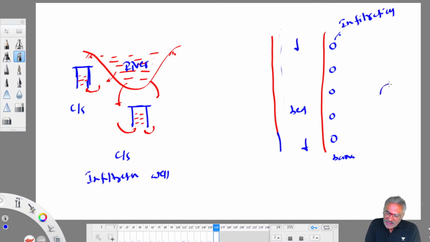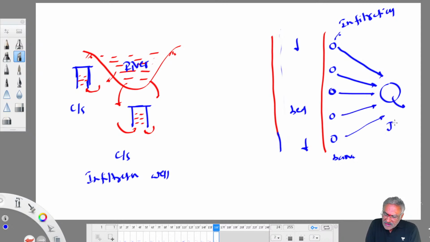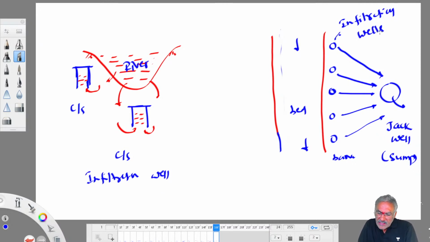A series of such wells are constructed, and all these wells will pump water into a common sump known as a jack well. The jack well is nothing but a sump. So infiltration wells deliver water into the jack well, and from there we pump out water.